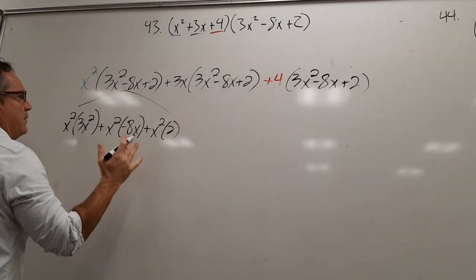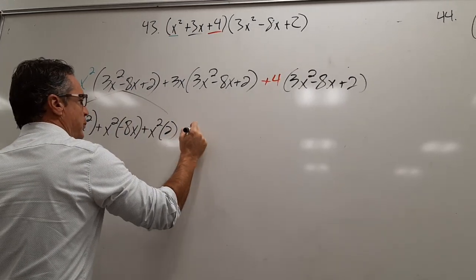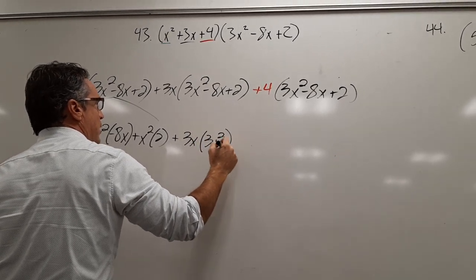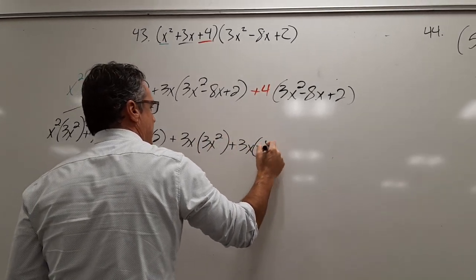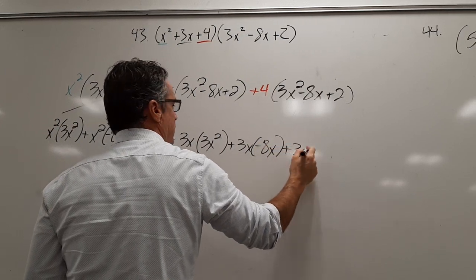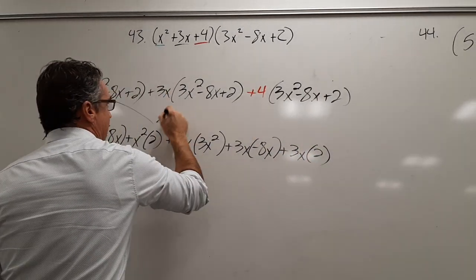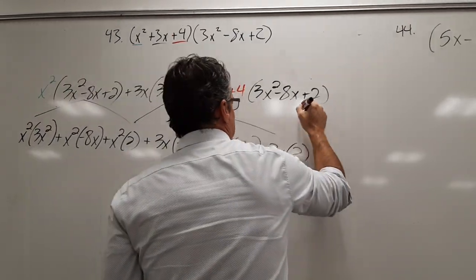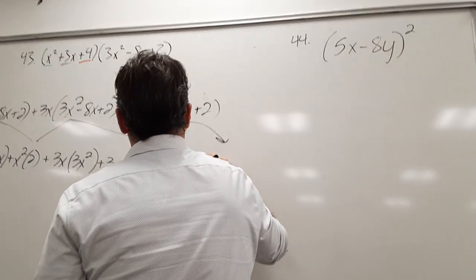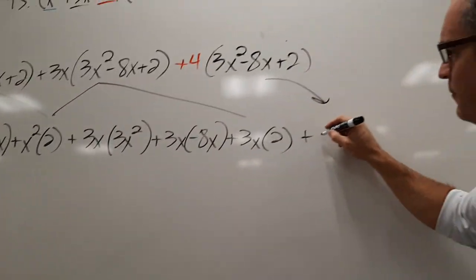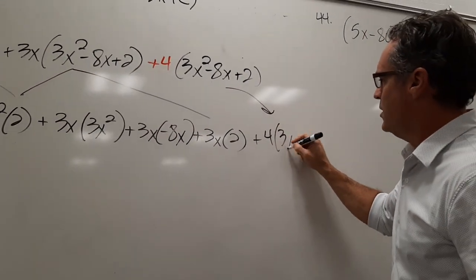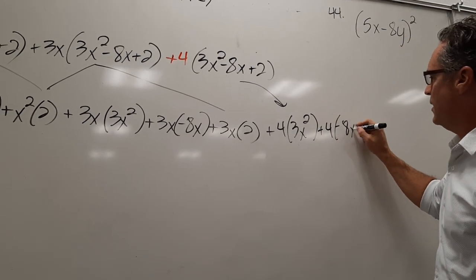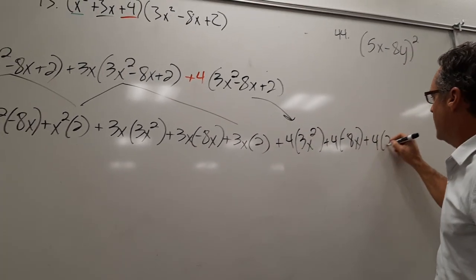That is simply that one right there. This is going to be plus 3x times 3x squared plus 3x times negative 8x plus 3x times 2. And that is just this right here. I'm really spreading this out. And then this one will come all the way over here, and this will be plus 4 times 3x squared plus 4 times negative 8x plus 4 times 2.